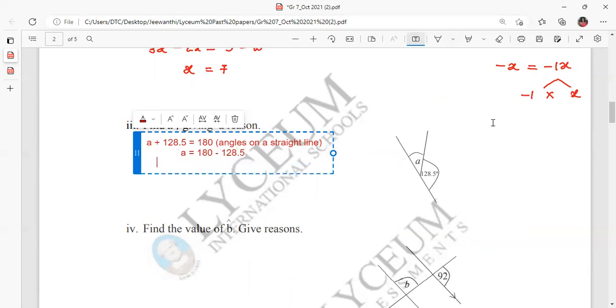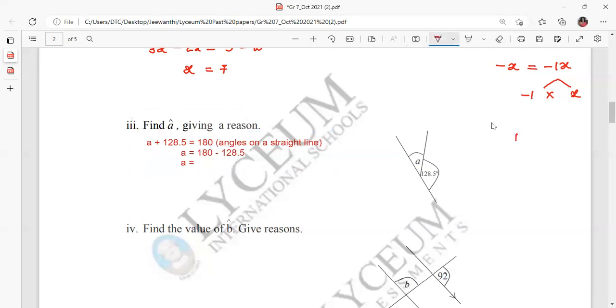128.5. So then what is the answer? You can do your working here. 180.0. Then you write 128.5. Right? You do the subtraction. And here you have the degree value 2.